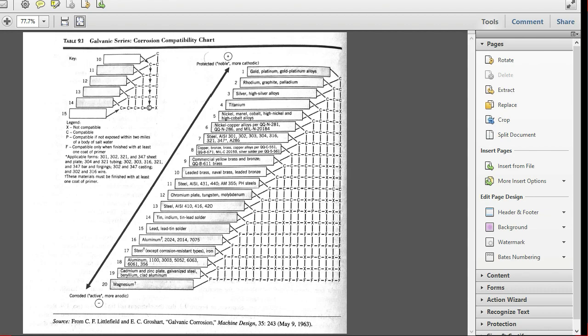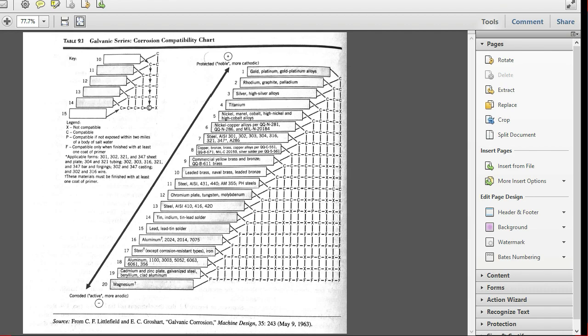These materials are not at all reactive, all the way down to very active materials, and these lead to corrosion. So these are very reactive materials, and these are not very reactive materials. And how reactive a material is can be determined by where it is on this galvanic series.